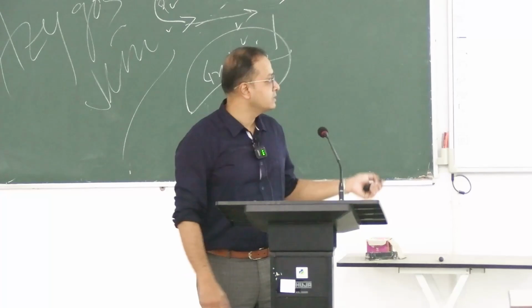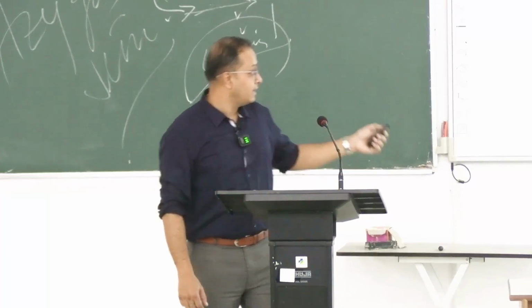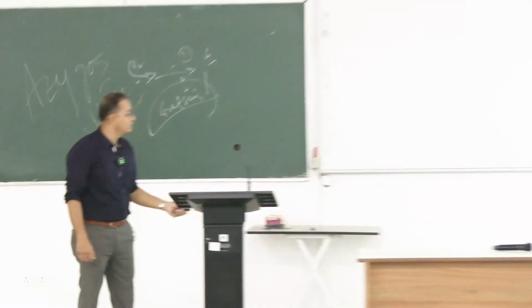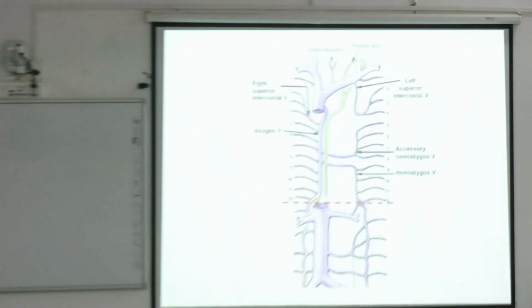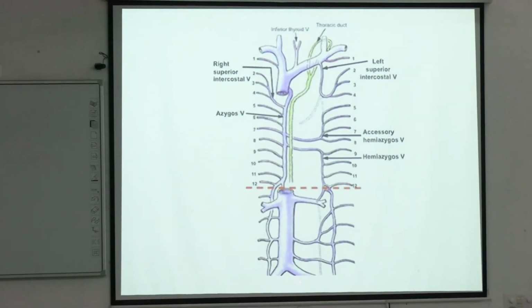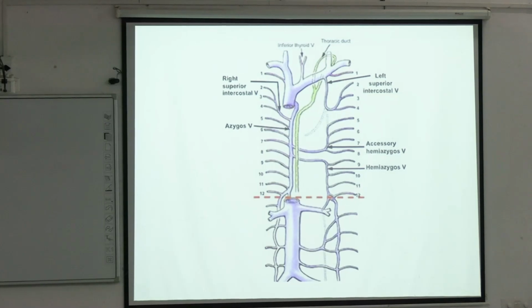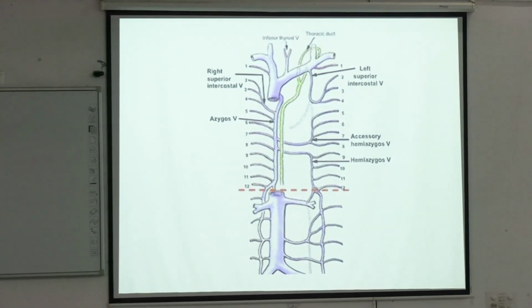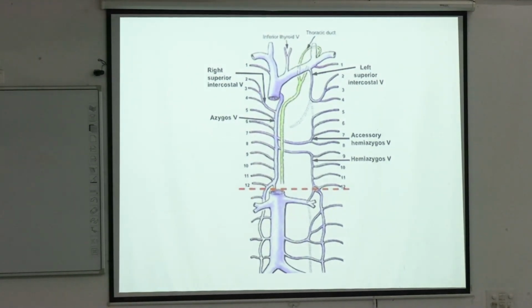You can see that it receives all of these, and it has a connection extending from the lumbar part of this particular vein. The vein you are seeing here at the bottom is the inferior vena cava, and the vein you are seeing here is the superior vena cava. So, SVC and IVC.